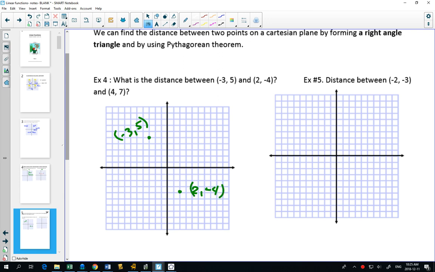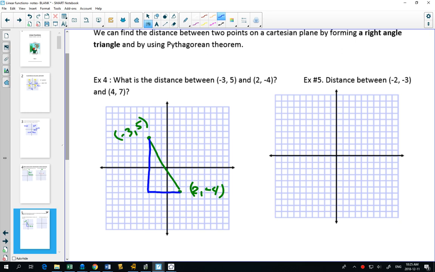And we want to find the distance between those 2 points. Well, now we can't just count lines anymore. However, you could tell me how far this is, and how far this is.